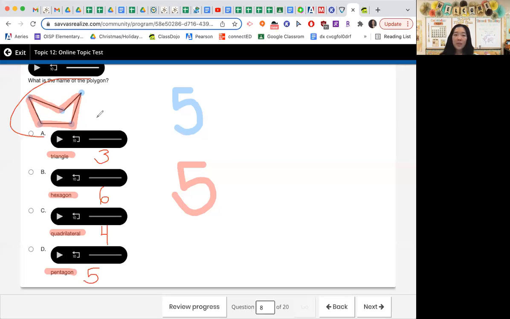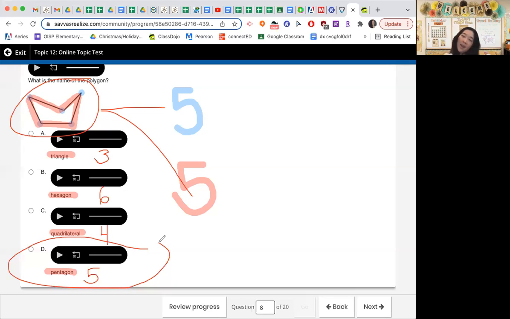So what is the name of this polygon? If it has 5 vertices and 5 edges, which is the only one that has 5 vertices and 5 edges? Pentagon. We went over that one this morning. Very good.